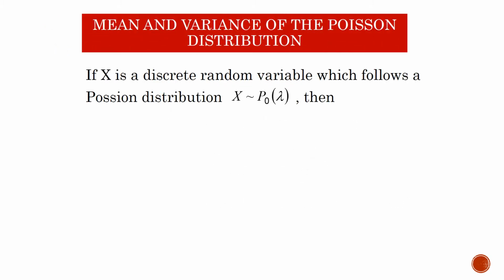Next, we look at how to find the mean and variance of the Poisson distribution. Okay, if X is discrete and follows the Poisson distribution with mean lambda, then the mean of the discrete random variable X is just lambda.